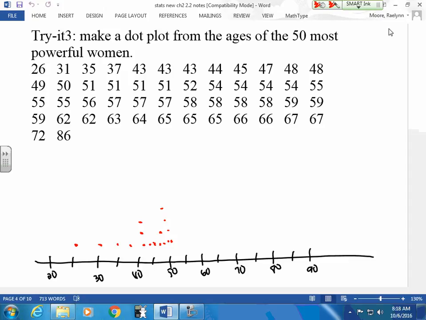This one's annoying. I'm not a fan of the dot plot. But if you want to know individually your data, it's a good way to see it individually. You can use it for that. You can put it in your notebook anywhere. It is annoying.